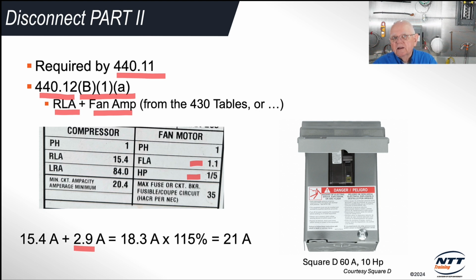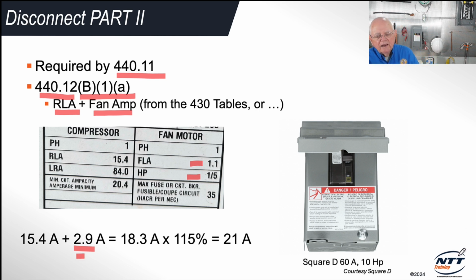However, elsewhere in this 440, a little later after 440.12, it gets into, if it's not listed in the table, I can take 6 times its rated amps, in other words, and multiply that number times 6 to give me the fan amperage.